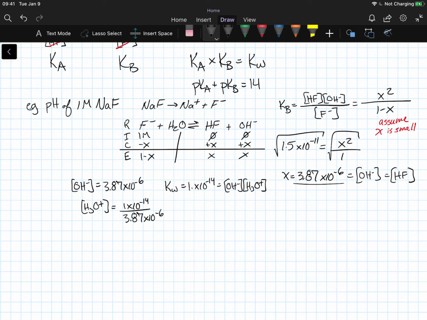And again, running to the calculator really quickly, I get the concentration of hydronium is 2.58 times 10 to the negative 9th. And now I can take the negative log of that. Remember, pH is equal to negative log of the concentration of hydronium.